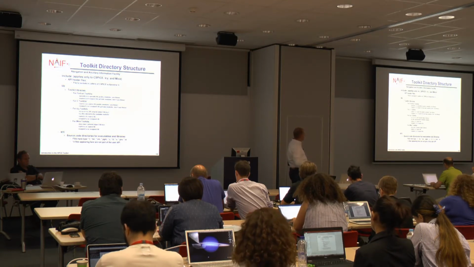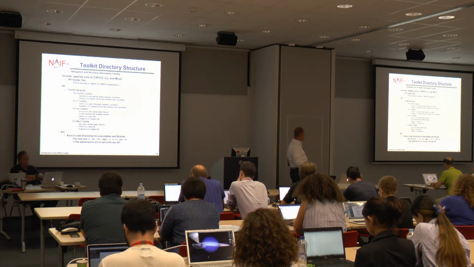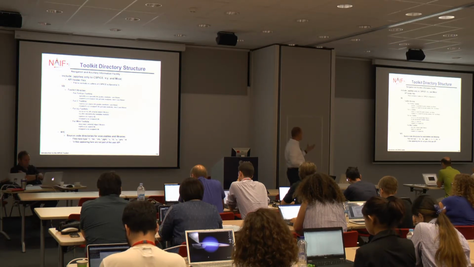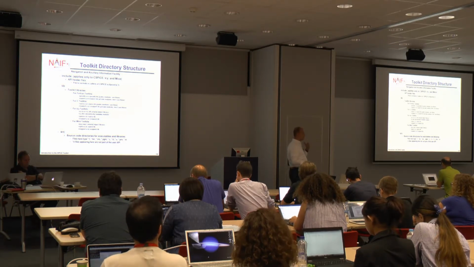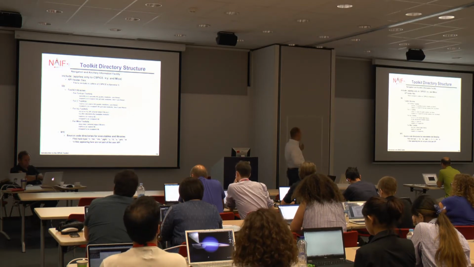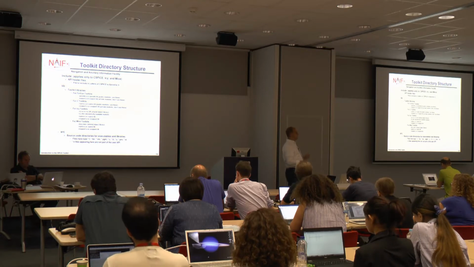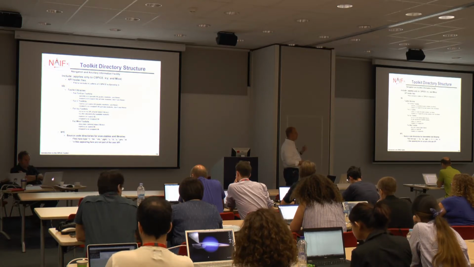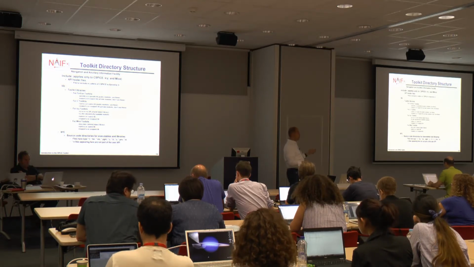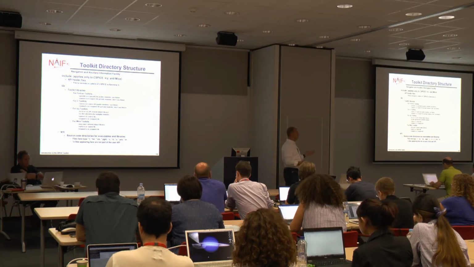And under these subdirectories, you will have different source code file types, .f and .pgm for Fortran, include for include files, .c, and so on, depending on the language. So that source code is available for you to look at, and in a way we sometimes think of this source code as additional documentation for our toolkit. If you really wanted to see how a certain algorithm is implemented in SPICE, feel free to go and look at the source code.